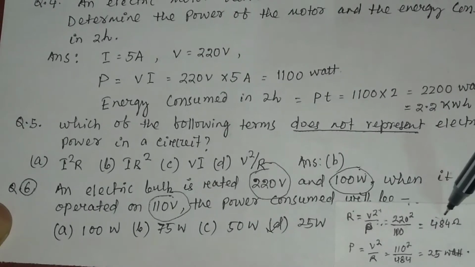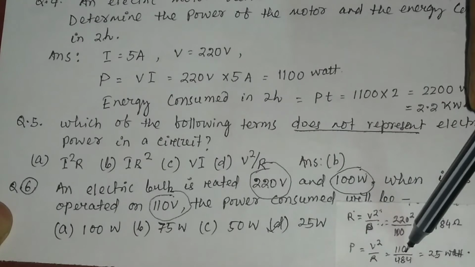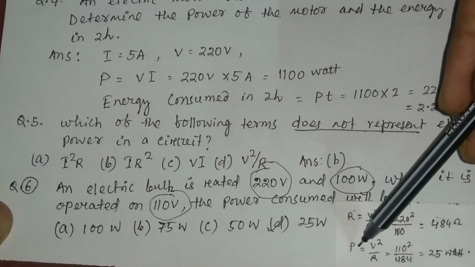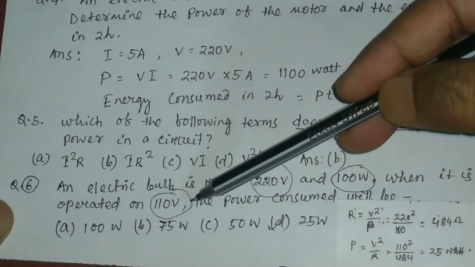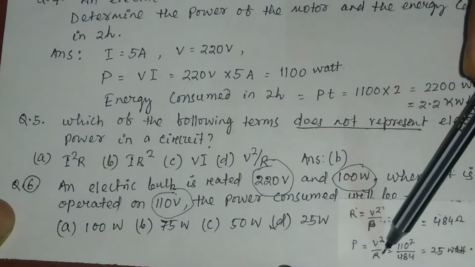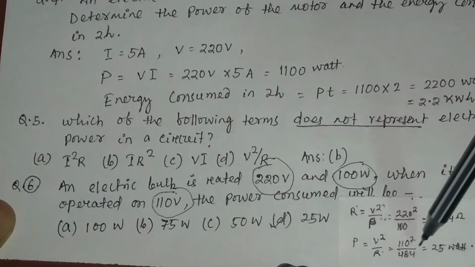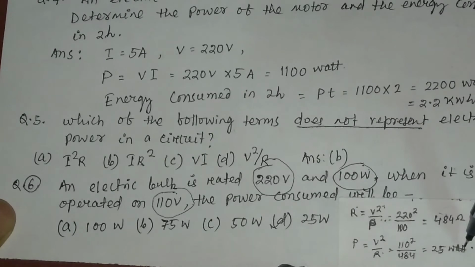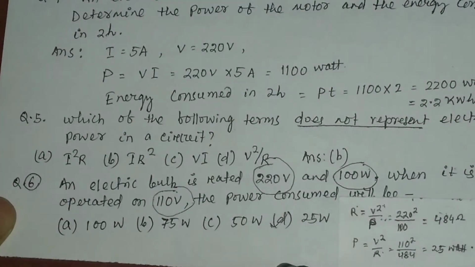Once you get the resistance, the voltage is given 110. So power will be equal to V square divided by R, 110 square divided by the resistance 484. So it will be equal to 25 watt. Okay, so answer D will be correct.